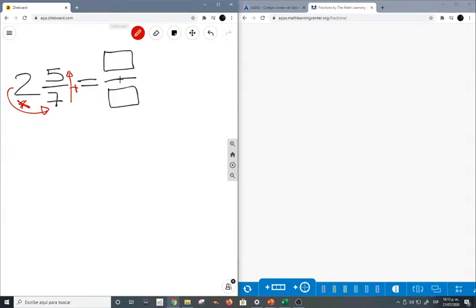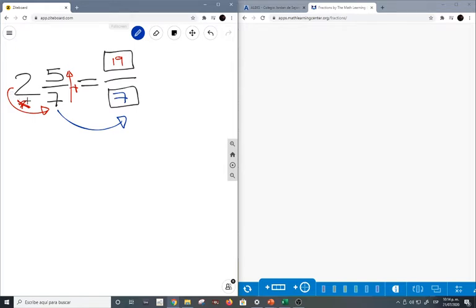So let's do it. 2 times 7 is 14, and then you have to add 14 plus 5, that is 19, okay? And finally, the denominator is the same, so you leave the same denominator, which in this case is 7.